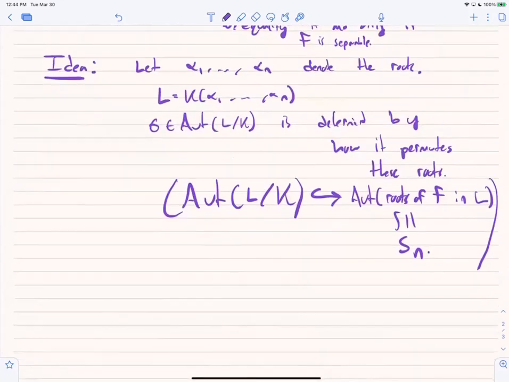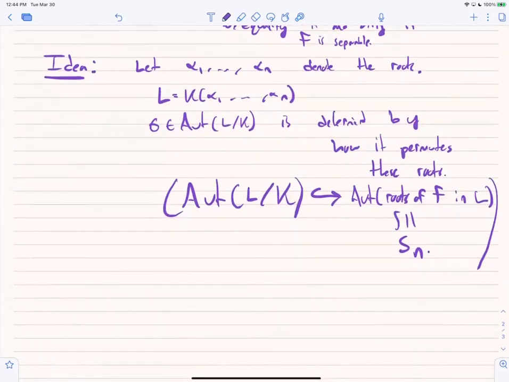So we want to build sigma. Well, first we should say, what does it do to alpha 1?